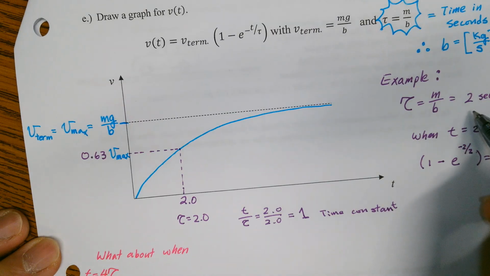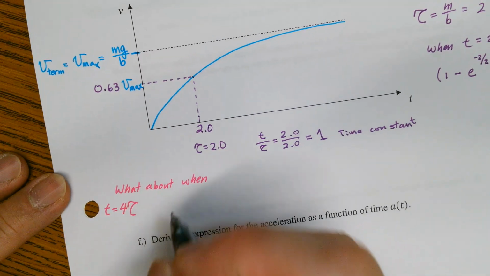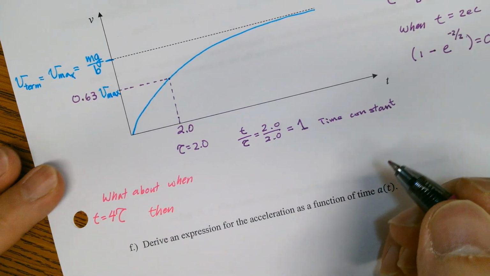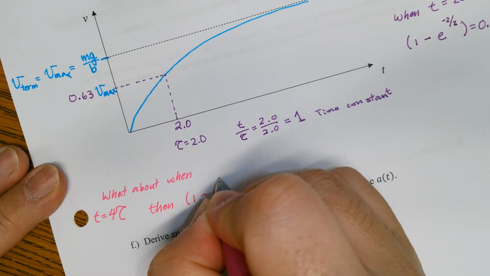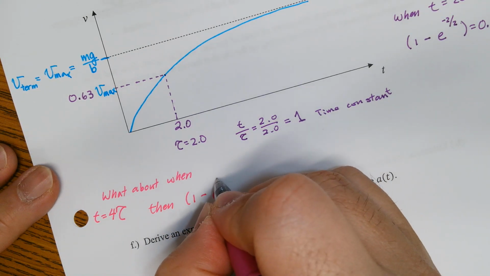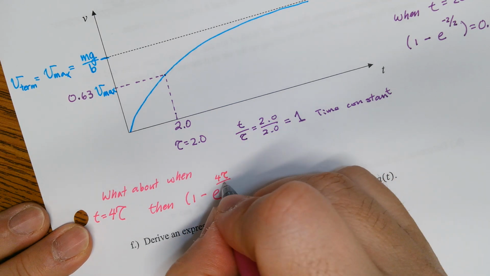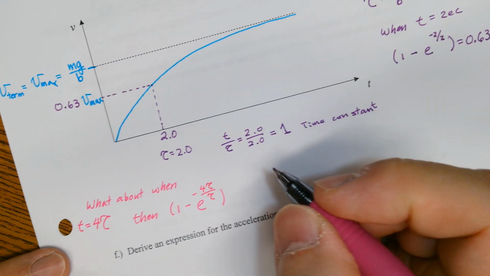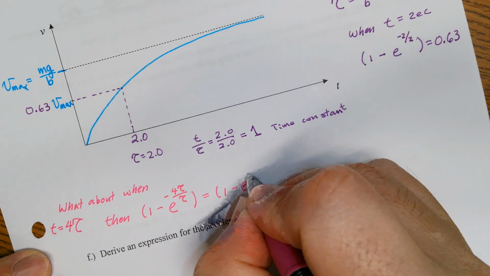Because if t is 2 seconds here, then it should be 8 seconds. Well, then this 1 minus e to the 4 tau over tau negative just becomes 1 minus e to the negative fourth.